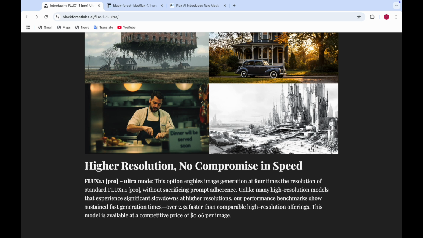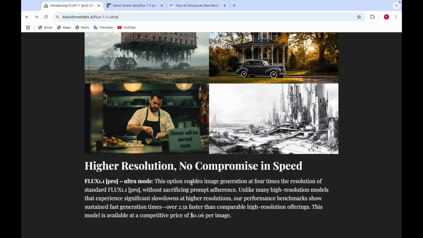Sometimes some generation models don't stick to the prompt. For example, what you write in the prompt and what is generated are different, and sometimes they even forget what the prompt says. So it is not sacrificing prompt adherence.